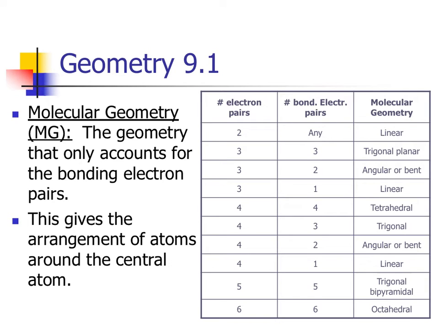The molecular geometry, or MG, becomes a little bit different. Here we have to pay attention because it only takes into account those bonding electron pairs.